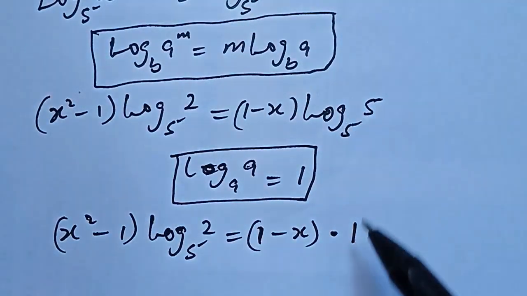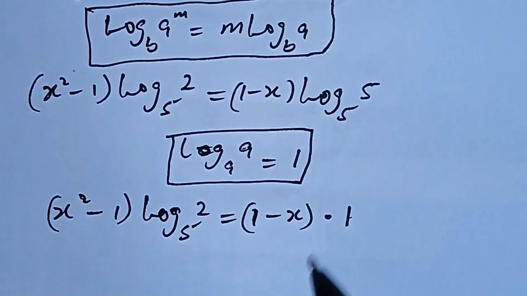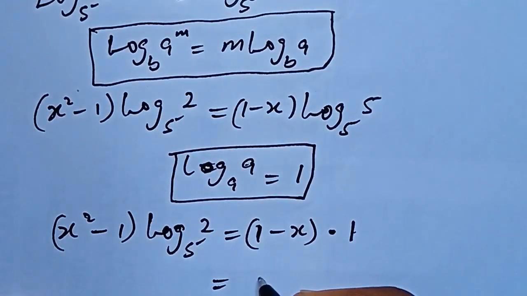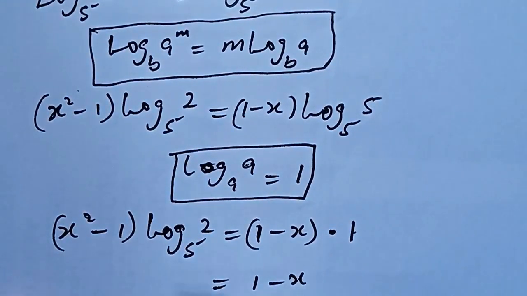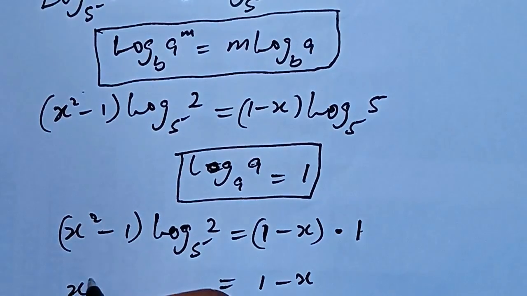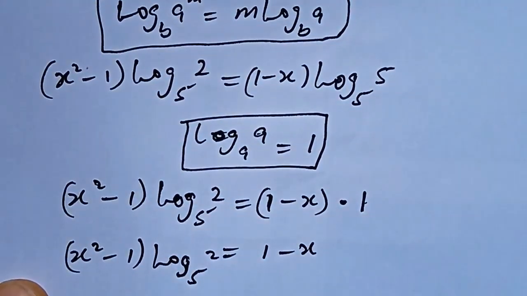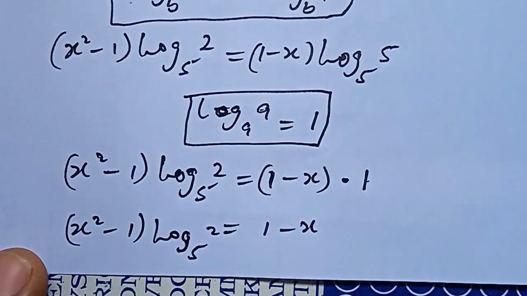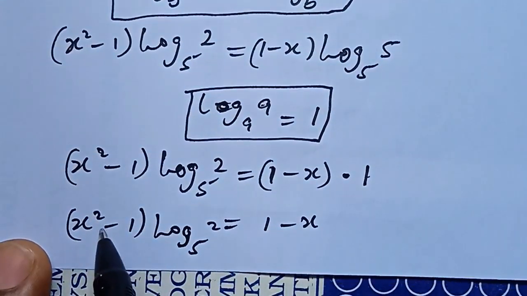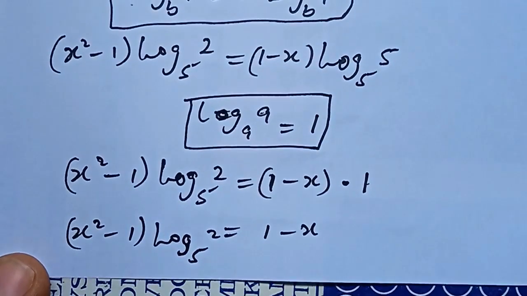This over here becomes 1. So from here, our next expression becomes 1 minus x, then x squared at the left hand side, minus 1 log base 5 of 2. Okay, so from here, what we can do is to consider this as what?